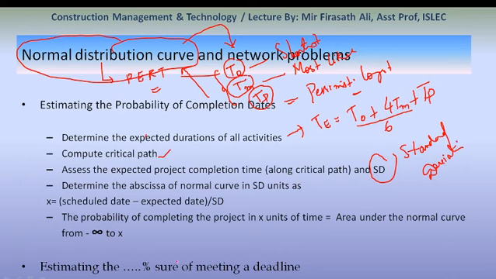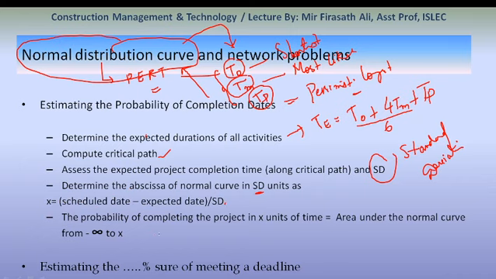We need to determine the abscissa of the normal curve in standard deviation units. How to get the abscissa of the normal curve? The formula is X is equal to scheduled date minus expected date, divided by standard deviation.